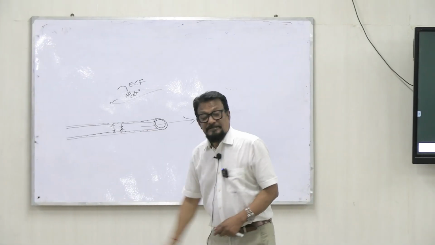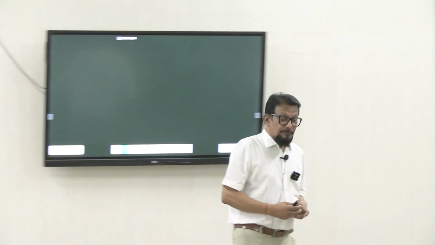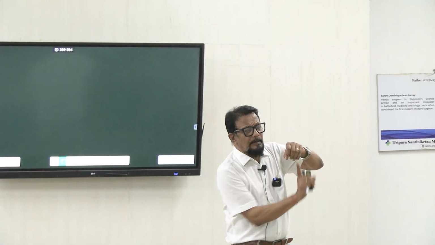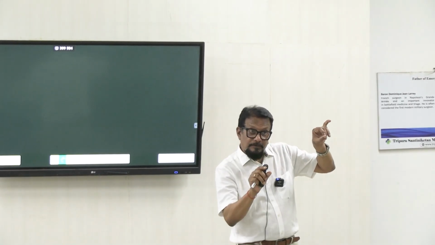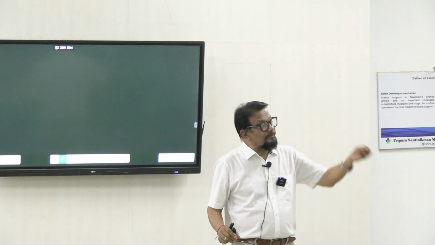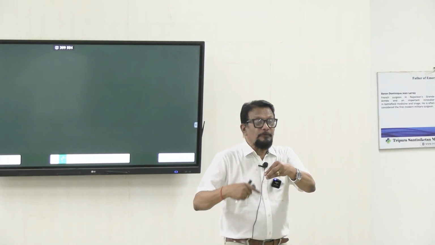Angiotensin 2 increases blood pressure. How? Angiotensin 2 is produced in the renal tubule region. When blood flow through the efferent arteriole is reduced, what will happen?